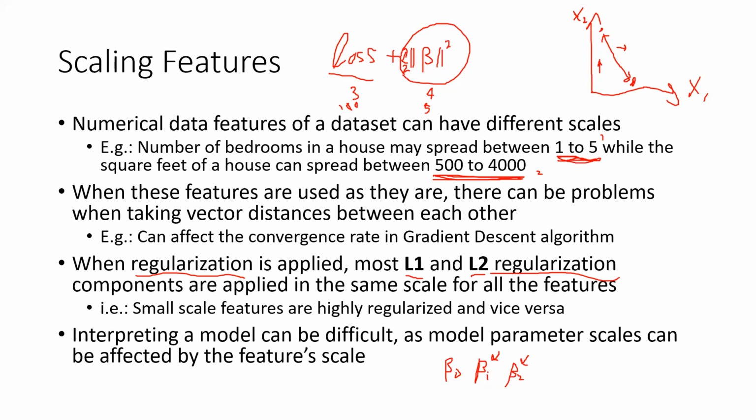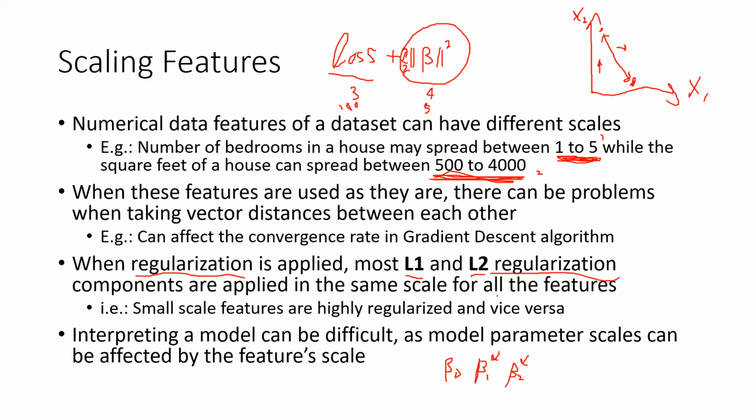But that may be because beta 1 is multiplied by a very small x value, a feature that varies only from 1 to 5. Beta 2 may have a very small value because it is multiplied with a very large feature. Because of that, we can't interpret which are the important parameters in this linear regression model.